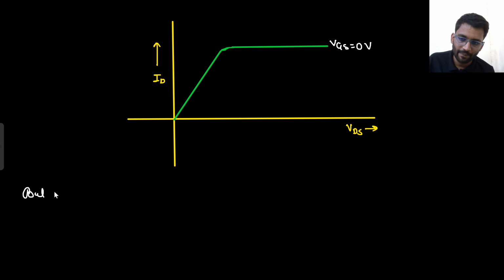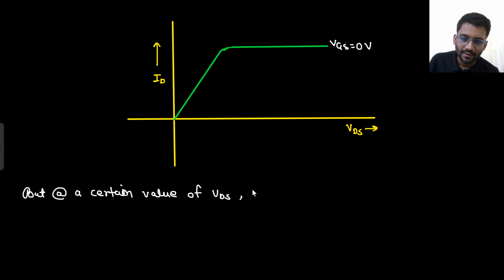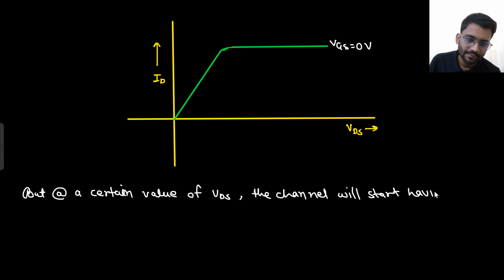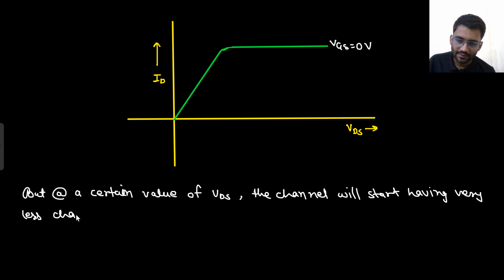But at a certain value of VDS, the channel will start having very less charge carriers.